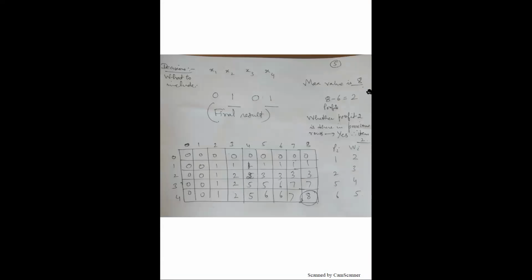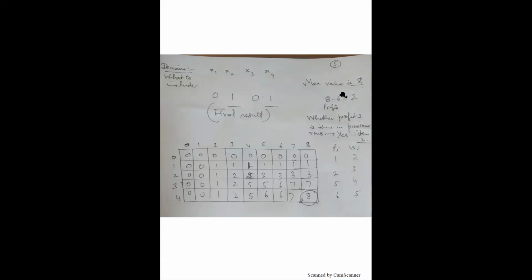That means corresponding to item 4, item number 4 is definitely there. What is the profit associated with item 4? It is 6. If the maximum value is 8, and 6 is the value of the item, and these are the 4 items I have put, x1, x2, x3, x4, and this one I have put corresponding to x4 because item 4 is definitely there.